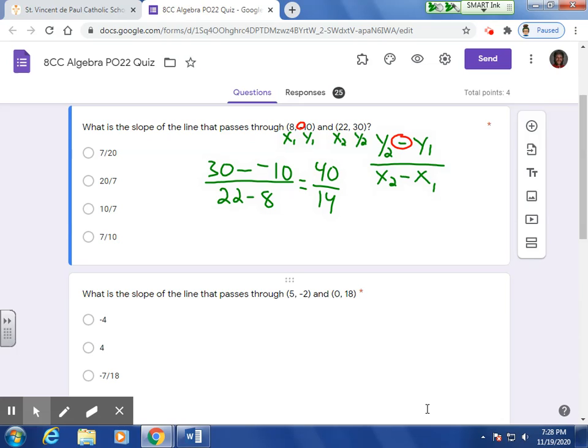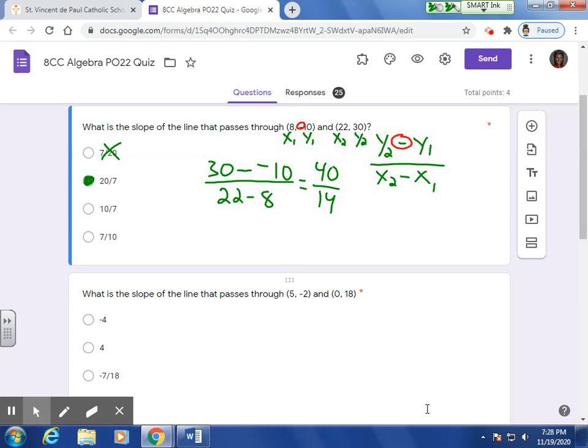You'll notice that 40 over 14 is not one of the possible answers. That is because slope being a fraction, yes, it should be simplified, and we get 20/7. Okay, so if you got 7/20, then you flipped them. You put your x's on top, y's on the bottom.